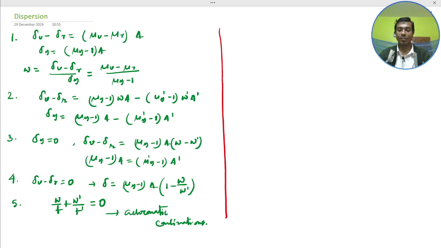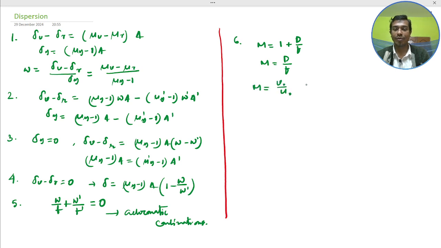Now, the optical instrument. Next one, the optical instrument, magnifying power. So M would be 1 plus D by f for distinct vision, and for normal vision D by f. Next one, for distinct vision the M would be (v naught by u naught) (1 plus D by fe).